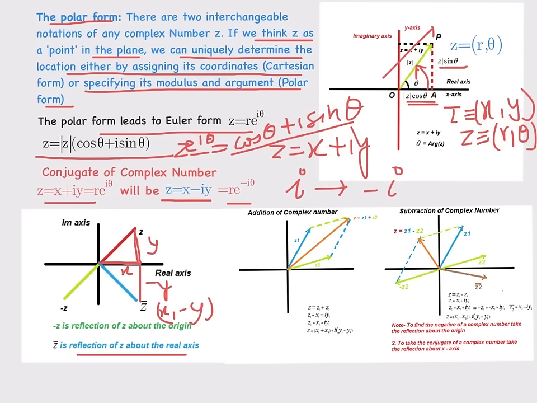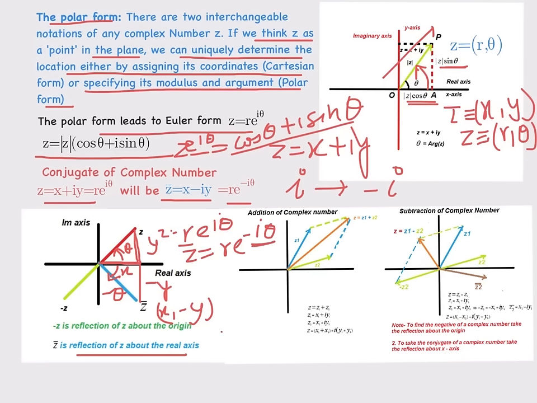Or we can say that if there is theta angle, the argument of the conjugate is minus theta. If the complex number is z equal to r e to the i theta, then its conjugate z bar is equal to r e to the minus i theta, so now the argument is minus theta.